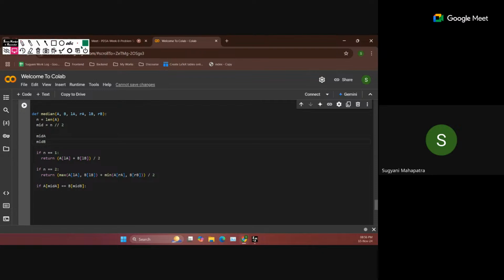Let me just draw a figure for that. This is my A. This is my B. N by 2 lies somewhere around here, right? Now n by 2 lies somewhere around here, which is my mid.